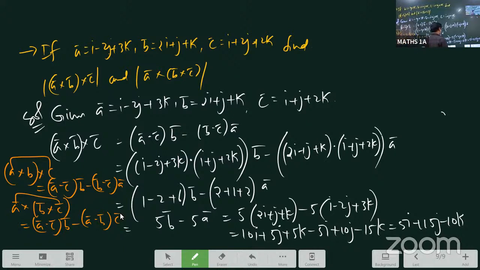Okay, it's not over. Then what is asked here? Modulus of a bar cross (b bar cross c bar). That is modulus of 5i plus 15j minus 10k.